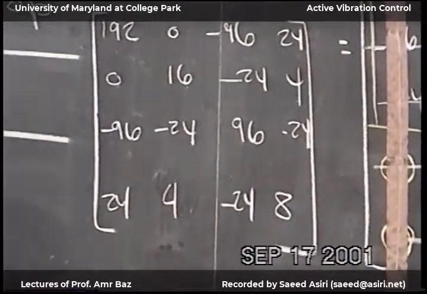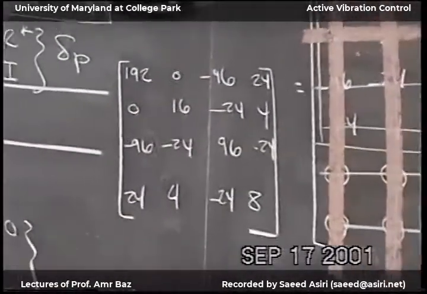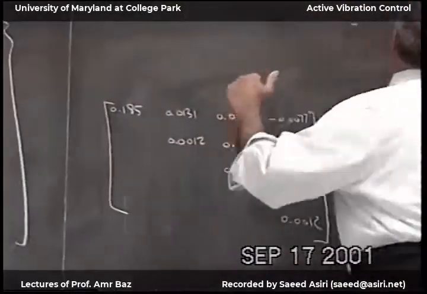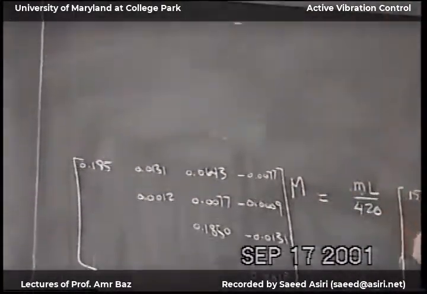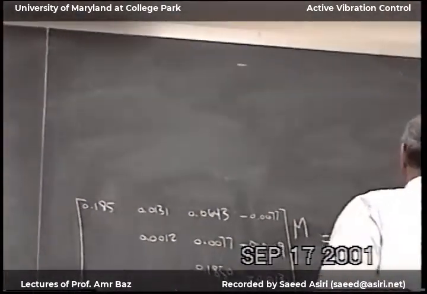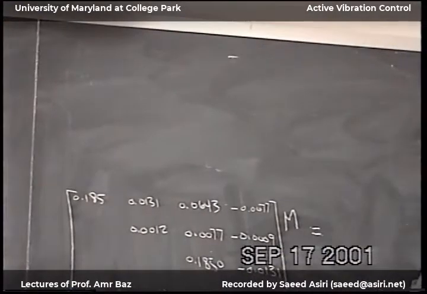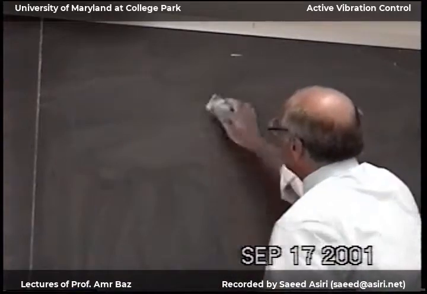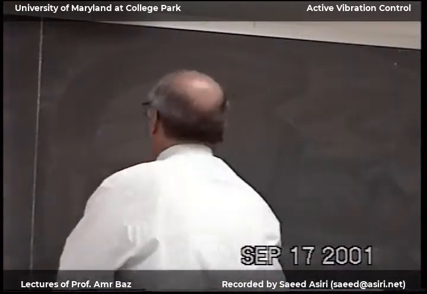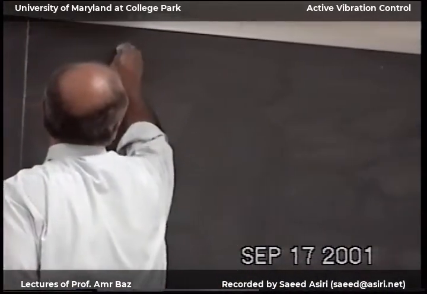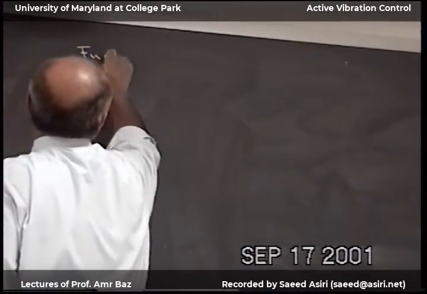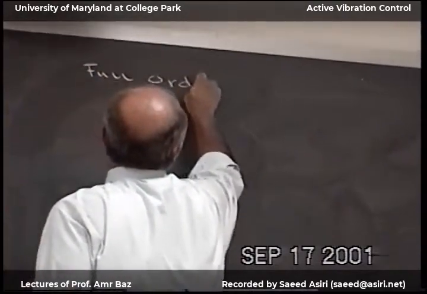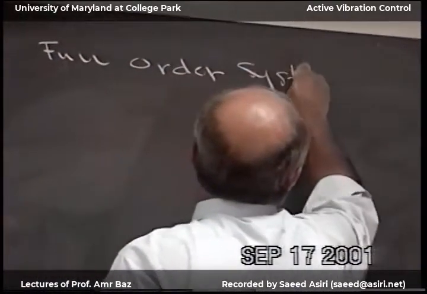So I'm going to write these matrices now. Now here is the full, I'm going to call this the full order system.